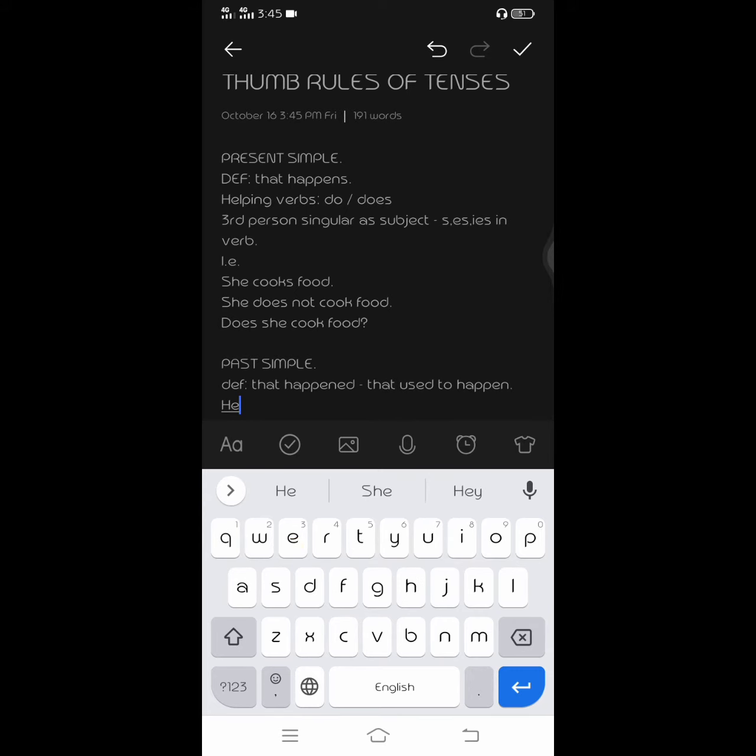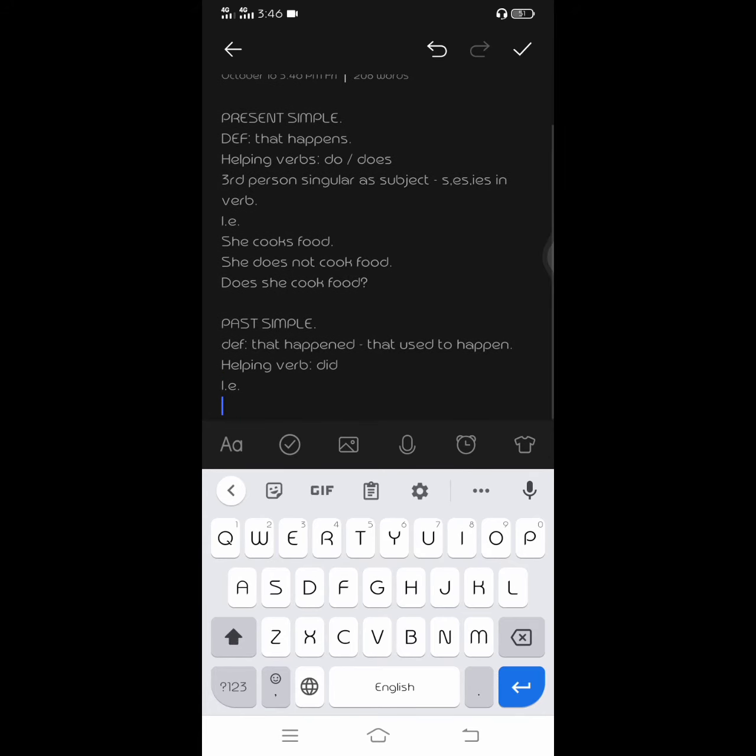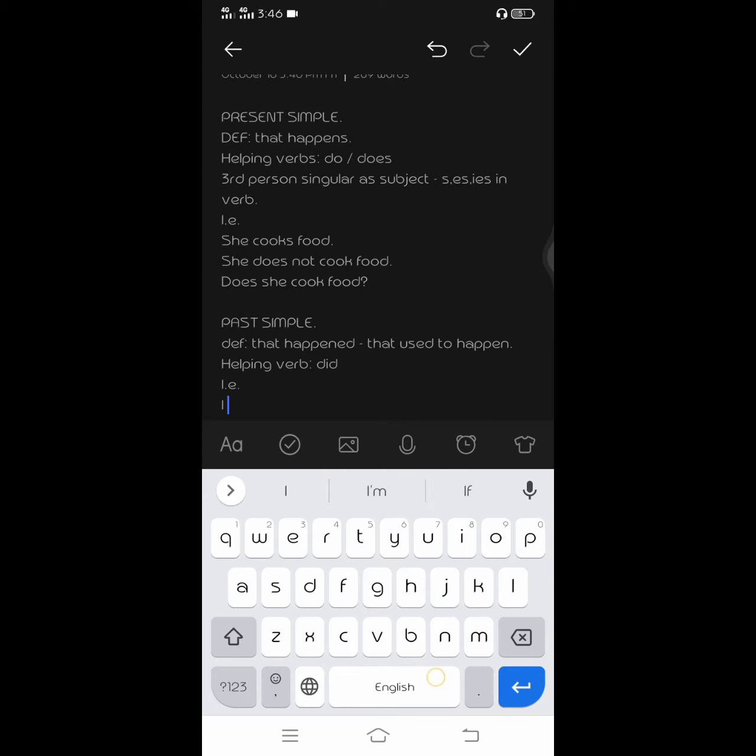What are the helping verbs of this? It's just a helping verb, which is did, right? And when you form a negative or interrogative, what you do, you use did and remove the second form from the verb, so it will be the first form. Let's take an example. Suppose you say मैं market गया था. So you say I went to market.